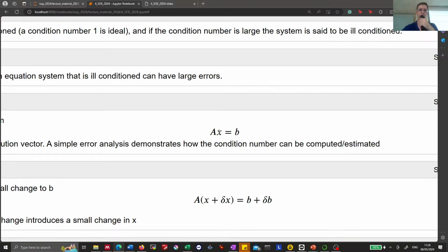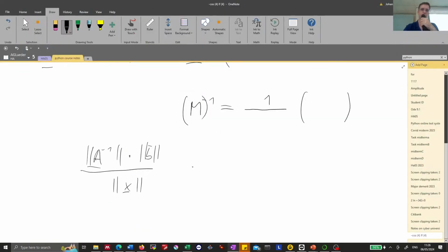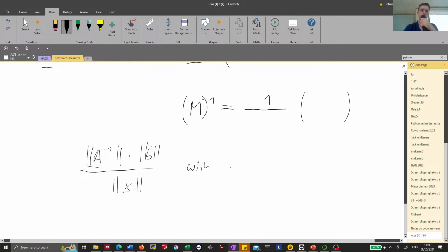So when we have Ax equal b, multiplied from the left by A inverse, we get A inverse times A, which will be 1, times x equal A inverse times b. So far so good. So we get x equal A inverse times b.